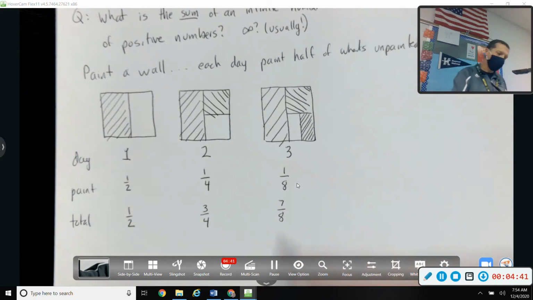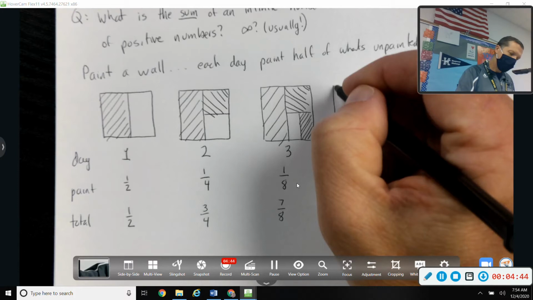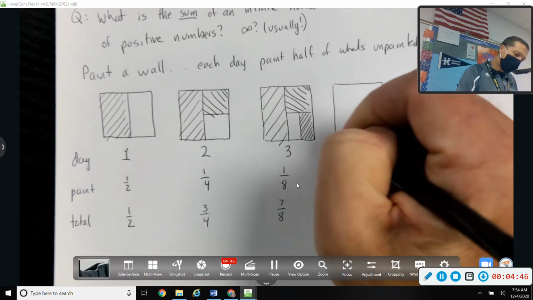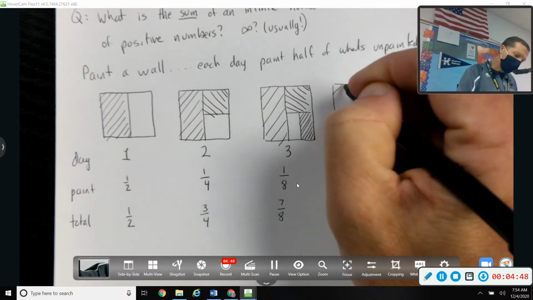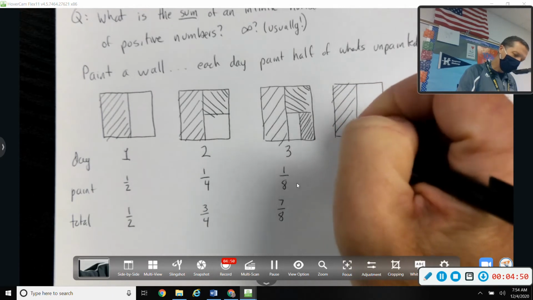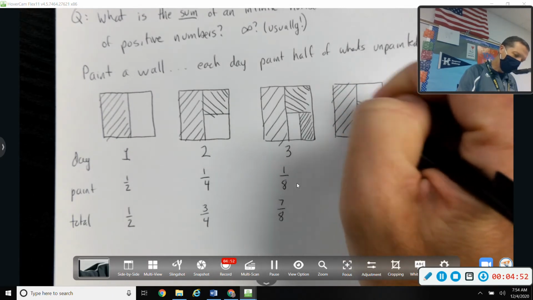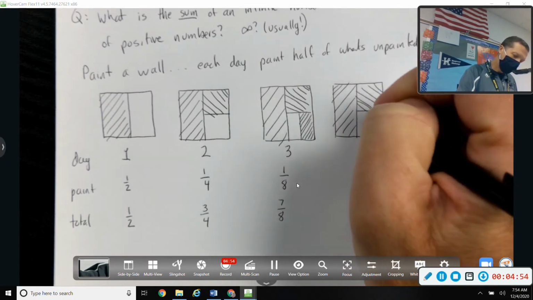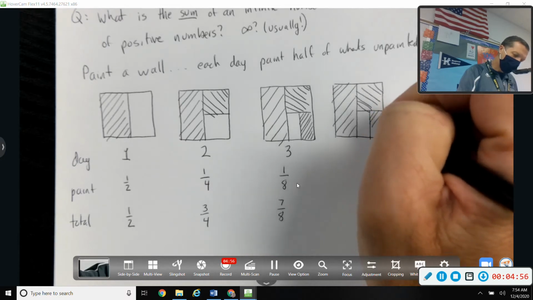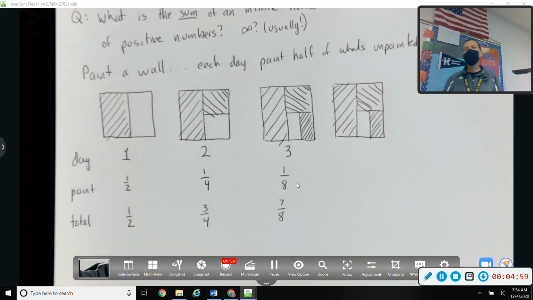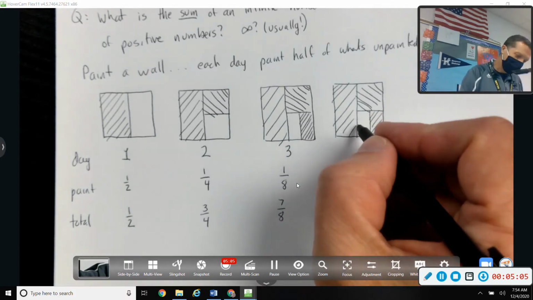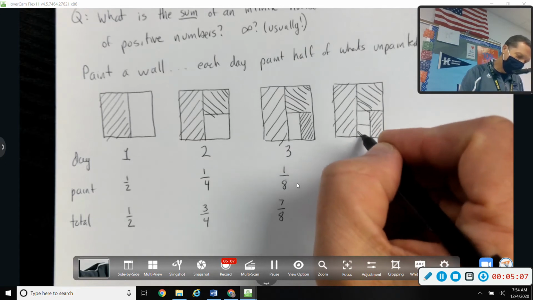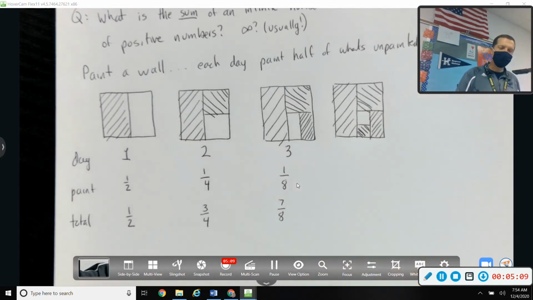Let's draw one more picture because this is fun. So day 4, we wake up and we find, of course, that 7/8 of the wall is already painted. Day 1 painting, day 2 painting, day 3 painting. And man, I'm getting really tired of painting this wall, so I only want to do half of what's left. No, I don't want to finish it. I only want to paint half of what's left. This is a terrible way to paint a wall.